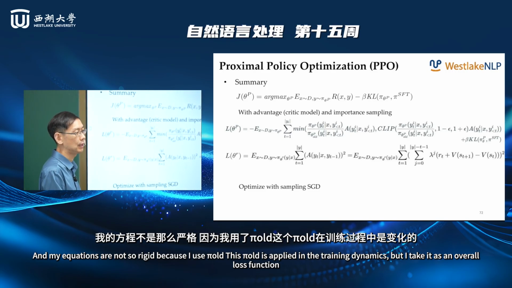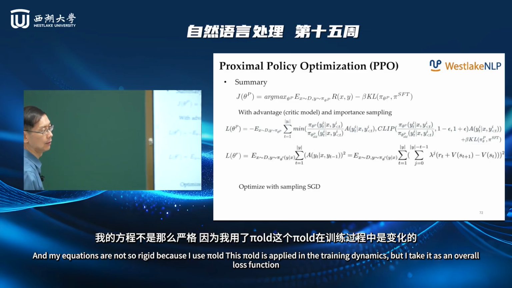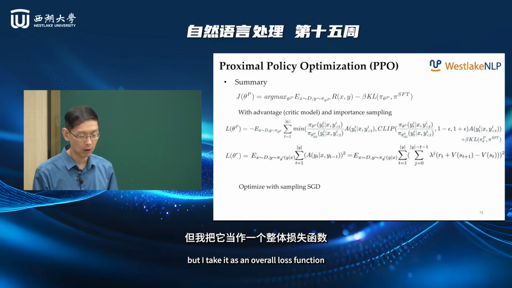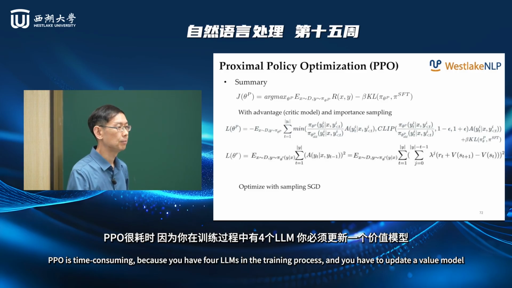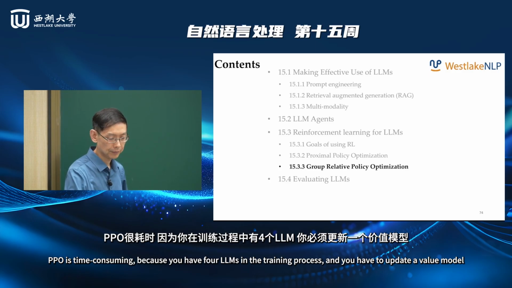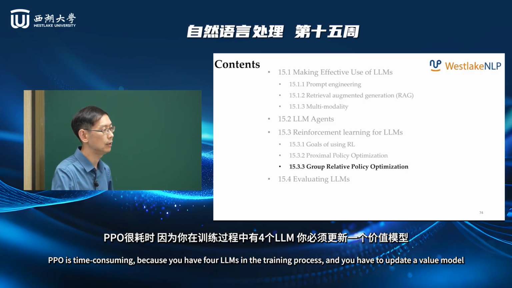This pi-o is applied in the training dynamics, but I take it as an overall loss function. Okay, PPO is time-consuming because you have 4 LLMs in the training process, and you have to update a value model.